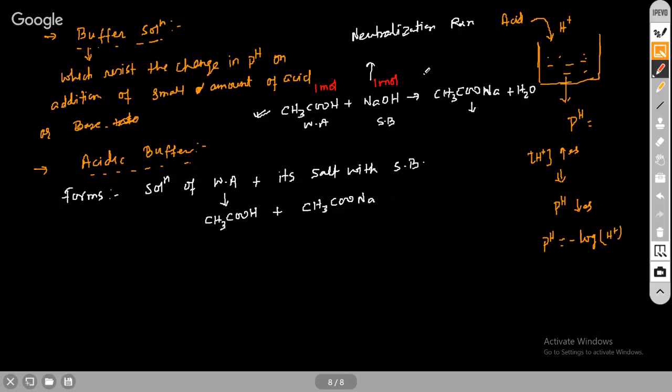Yes, because 1 mole of CH3COOH requires 1 mole of NaOH. So when you take 1 mole of both compounds, there is no limiting reagent; both reactants will react 100% and convert into salt and water.